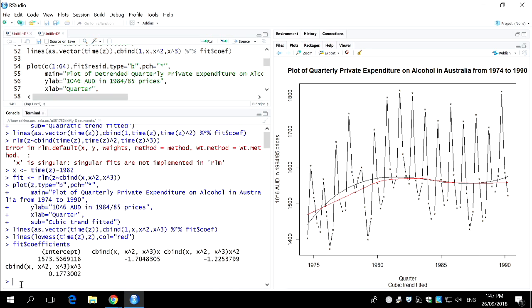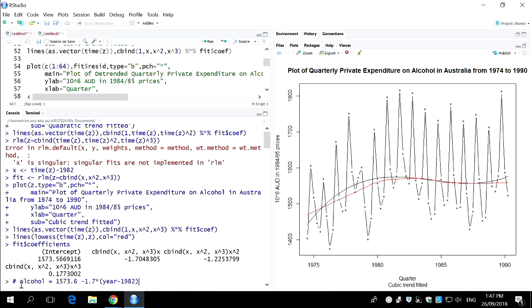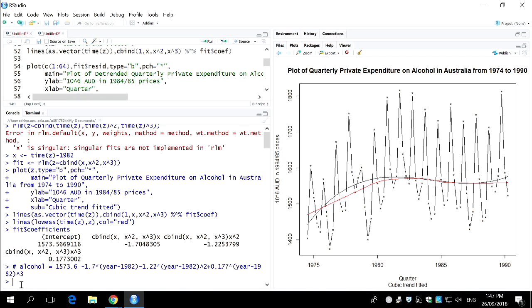My model is alcohol equals 1573.6 minus 1.7 times (year minus 1982), minus 1.22 times (year minus 1982) squared, plus 0.177 times (year minus 1982) cubed. So that's the model that I've ended up fitting.